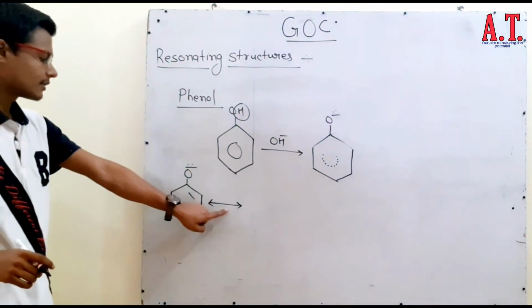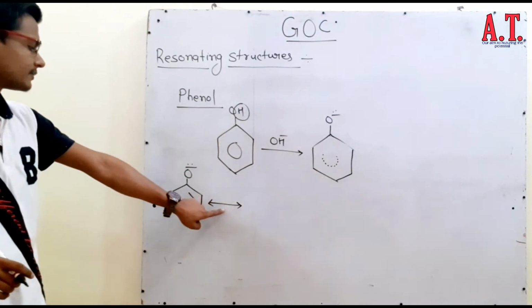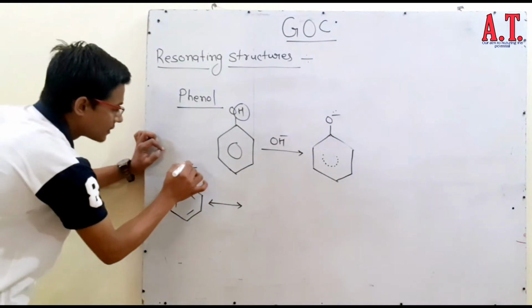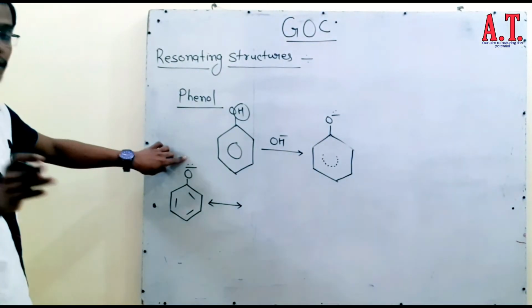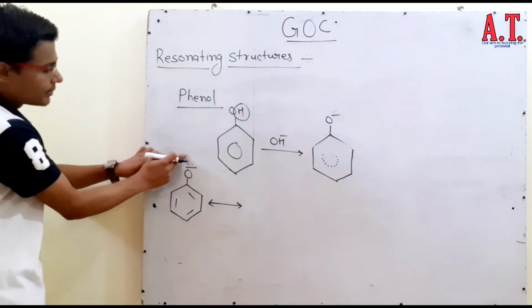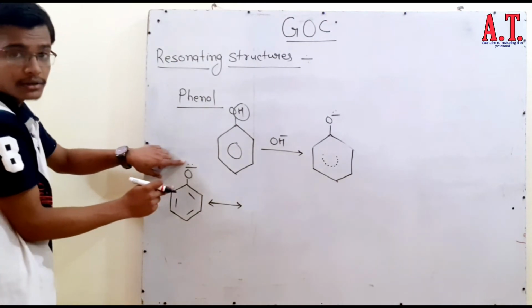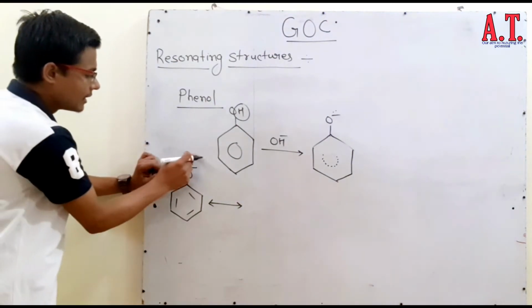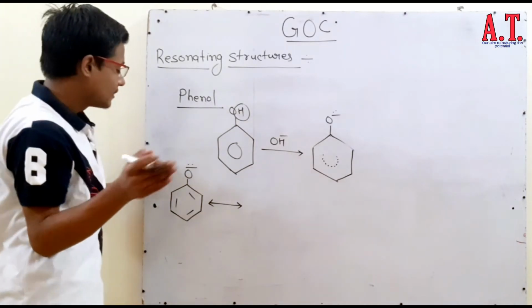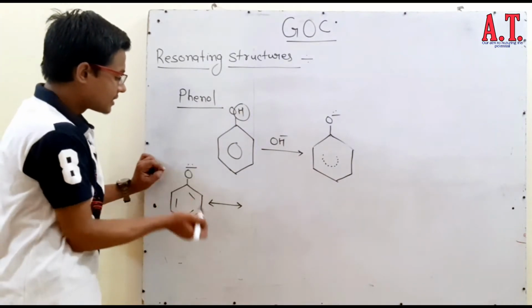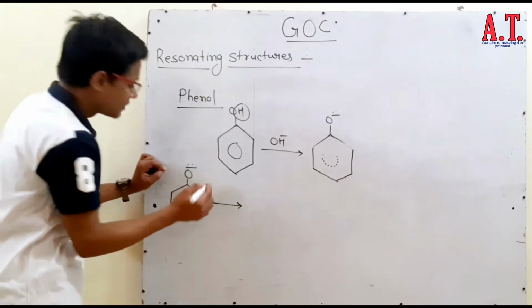Resonating structures can be separated by this sign. The movement of electrons will be from the lone pair to the pi bond, because the electron affinity of the lone pair is greater than that of the pi electrons.